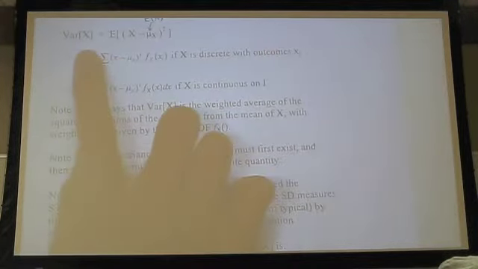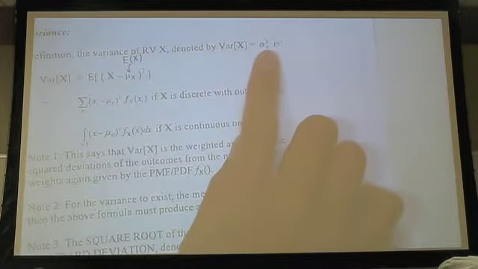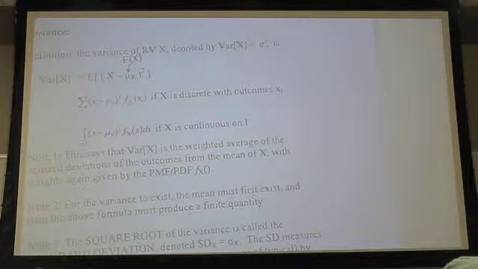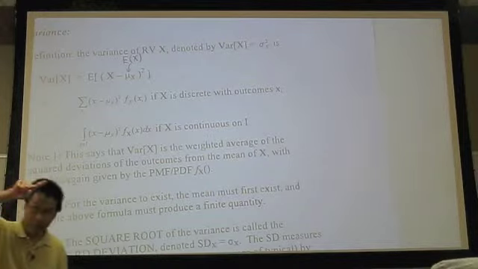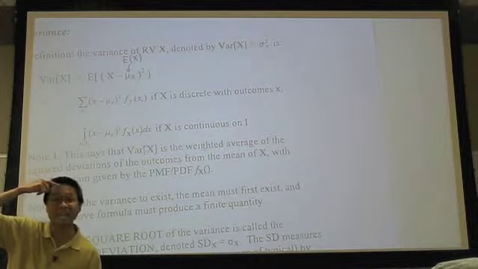Now, the variance is usually denoted as sigma squared. Whatever you compute right there, in a minute I'm going to compute a few of them out for you explicitly. So whatever you have for the variance is sigma squared. Remember, sigma is the standard deviation.